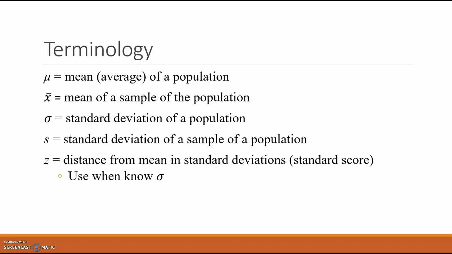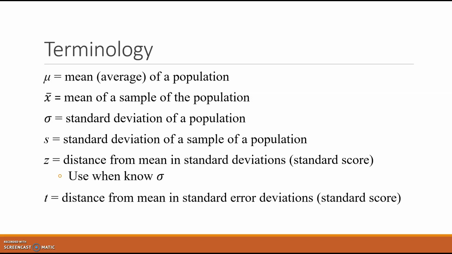We use this, as I said, for populations. We use it when we know sigma, when we know the population standard deviation. If we don't know the population standard deviation, what do we use? We use T. And since 99% of the time we do not know the population standard deviation, we almost always are going to use T. Now, Z is very often taught in descriptive statistics because in a lot of ways it is indeed descriptive.